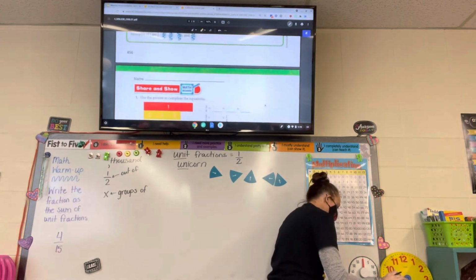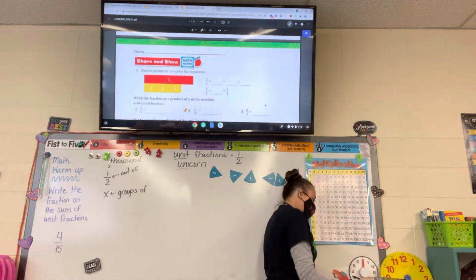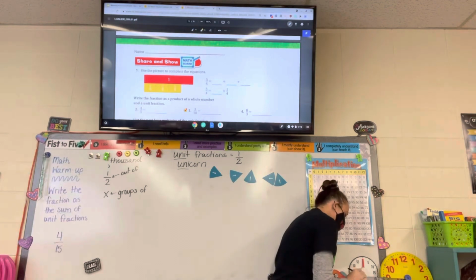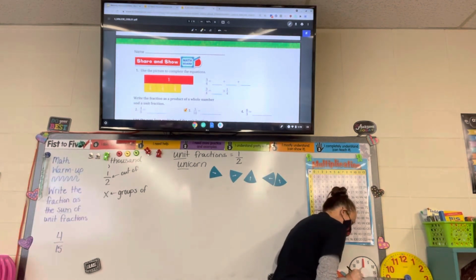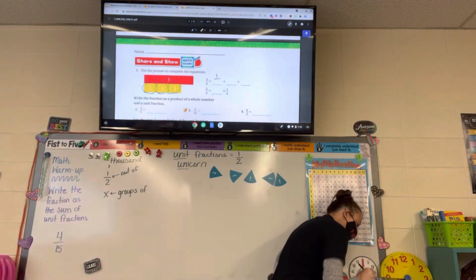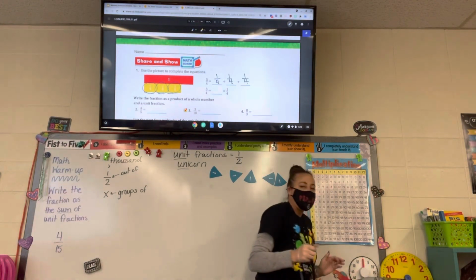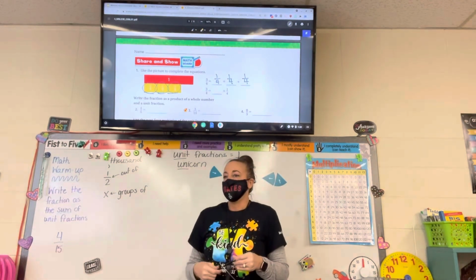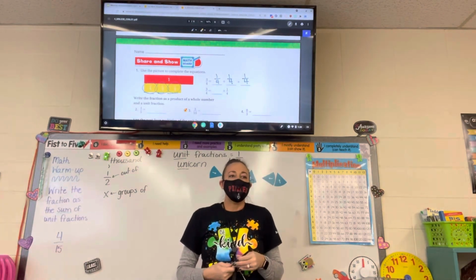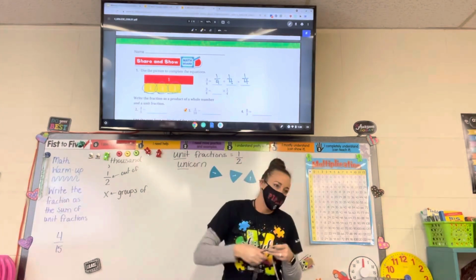Okay. It says use the picture to complete the equation. So first, 3/4 equals this, this, and this, which is 1/4 plus 1/4 plus 1/4, or blank groups of 1/4. How many are there, honey? 3.